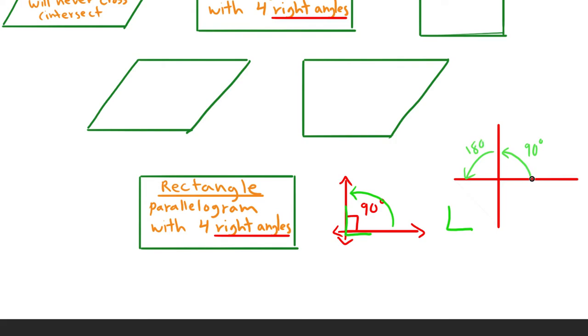Okay, if you started here and you turned all the way here, that's, was it 270? Yeah, 270. If you turn all the way around and go back to the same place you started, that's 360 degrees. Okay, so 90 degrees looks pretty much just like this L here.